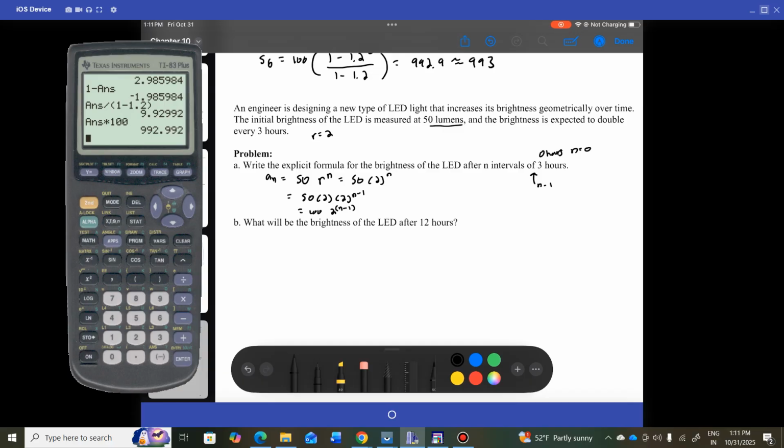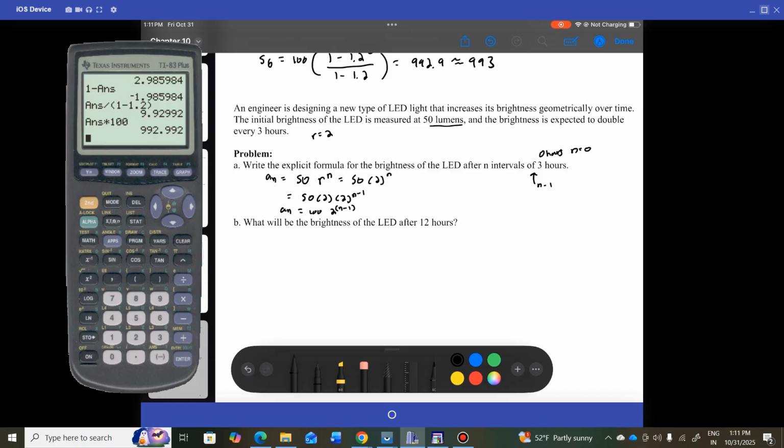Because we want that n minus 1 to be the exponent, so we have a geometric sequence. Alright, so that's our a sub n.